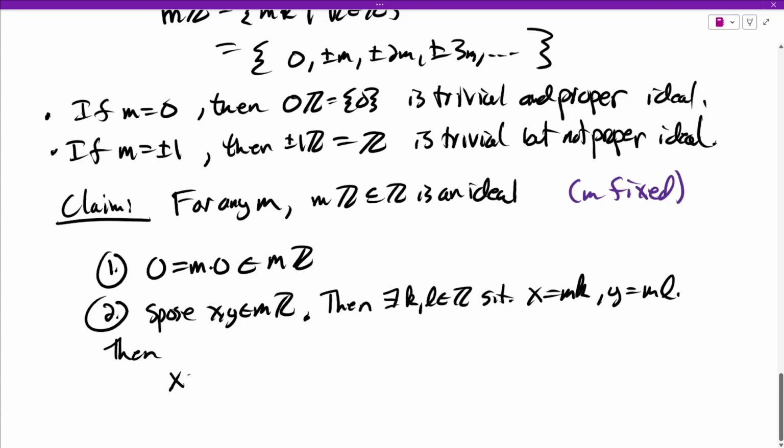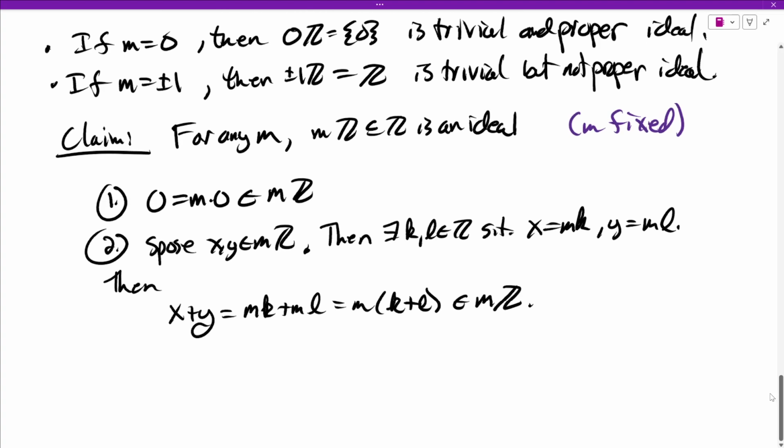Then x plus y is mk plus ml, which is m times (k plus l), because Z is a ring, so the distributive properties hold. And this is a multiple of m. Great. So it's closed under addition.